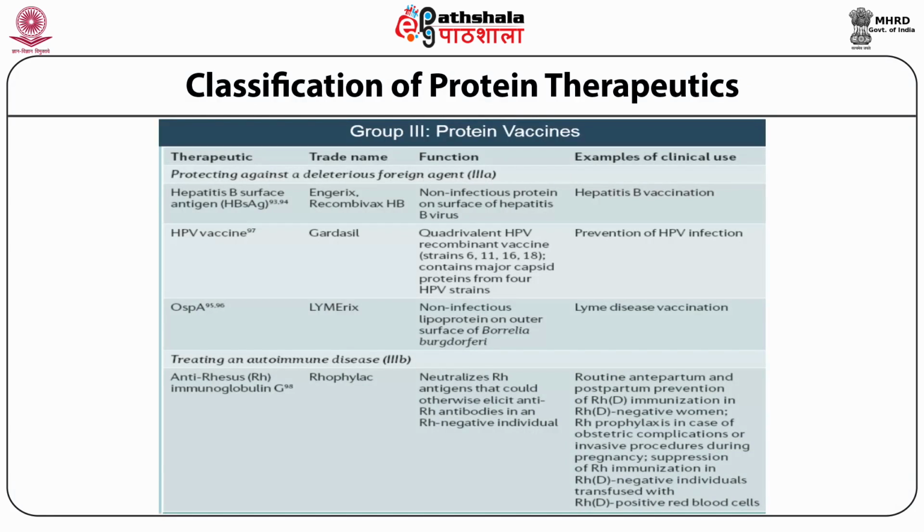On the upper panel, you can see the examples of protein vaccines which are used for protection against general infection like hepatitis B surface antigen, HPV vaccine, etc. On the lower panel, you can see the vaccines which are used for the treatment of autoimmune diseases like anti-rhesus immunoglobulin G. This is the main example.